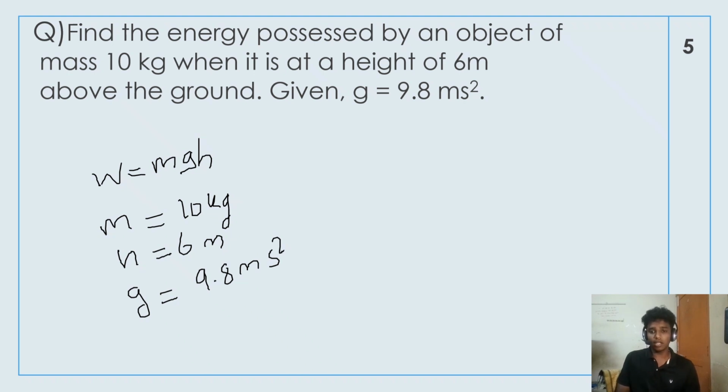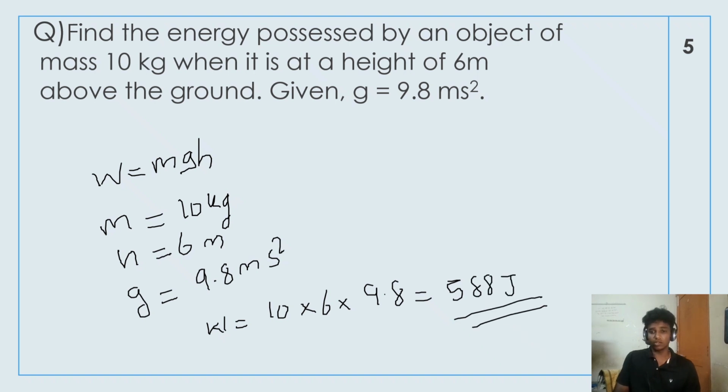So everything here is given already. We just have to put the values, and we will get the answer as W is equal to 10 into 6 into 9.8, which is equal to 588 joules. So that's the answer.